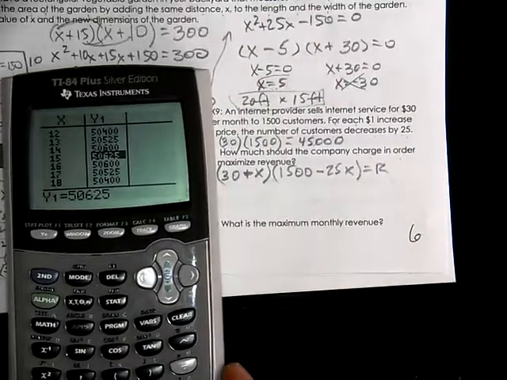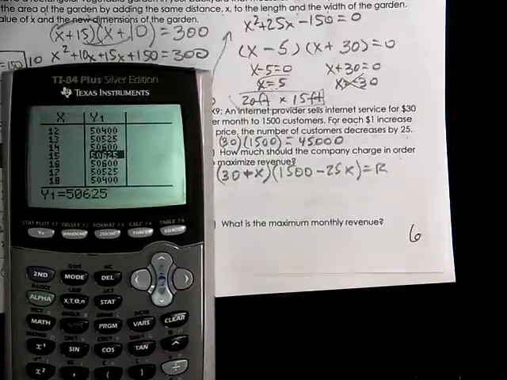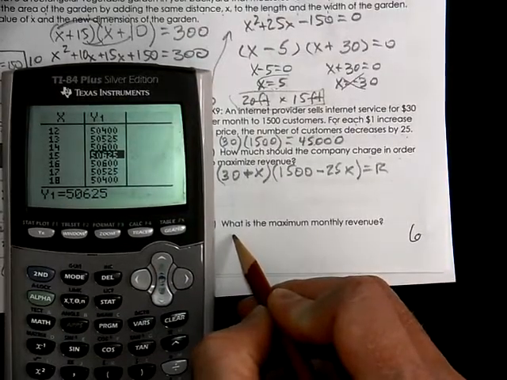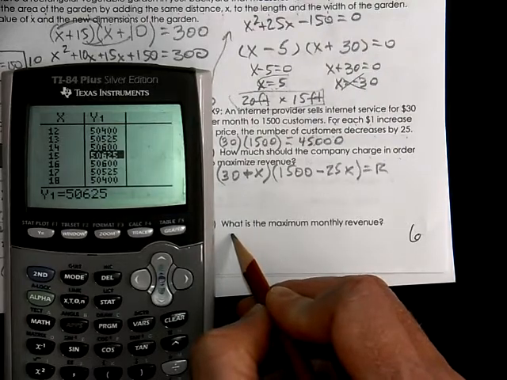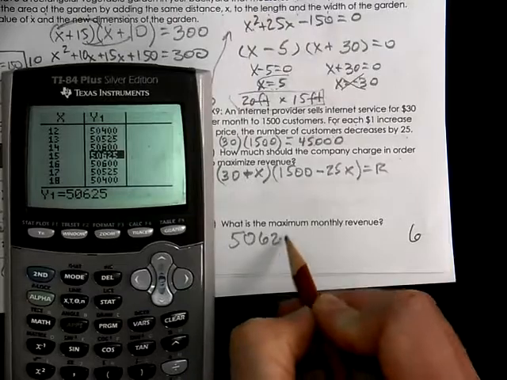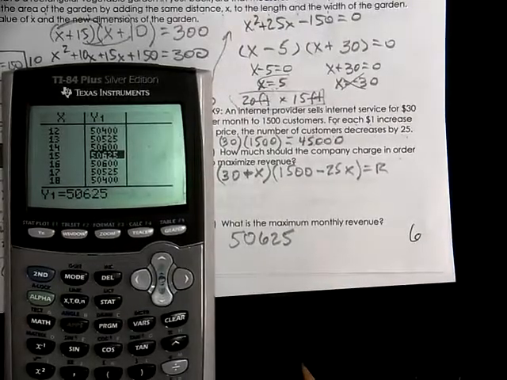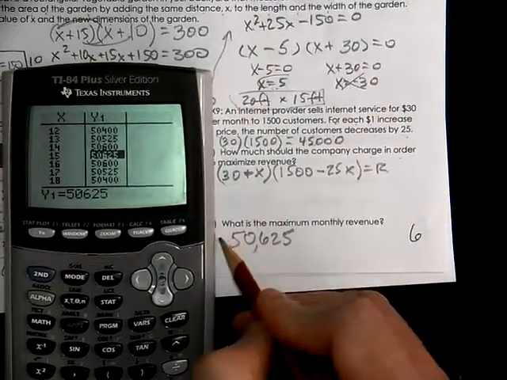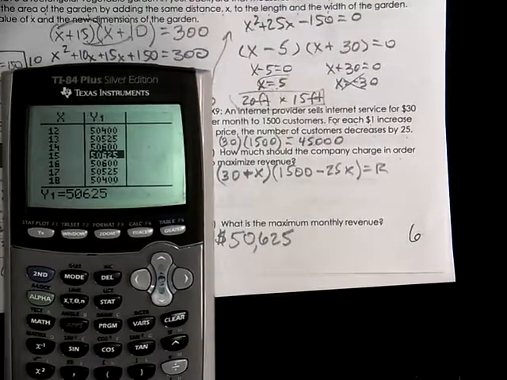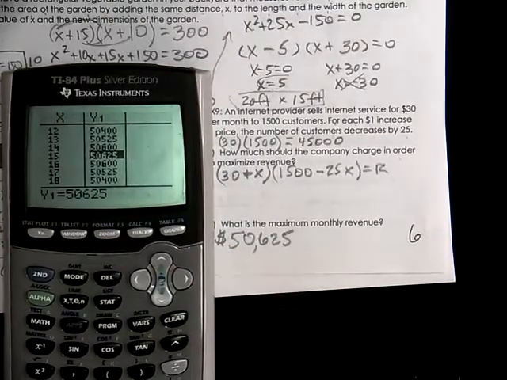So what is the maximum monthly revenue? That's our 50,625.